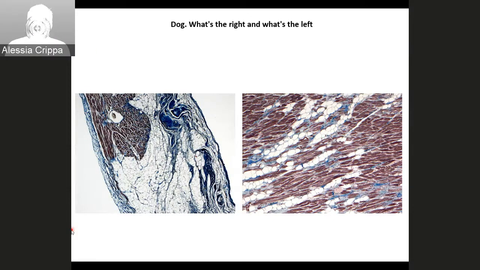Massimiliano, Jonathan wrote in the chat a reference on doxorubicin toxicity. In dog? Is it in dog, Jonathan, if you can write? Can you hear me? Okay, yes, we can hear.